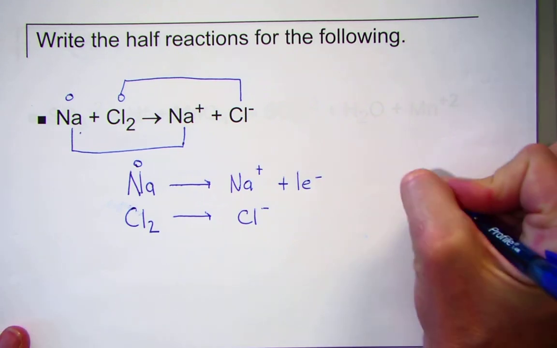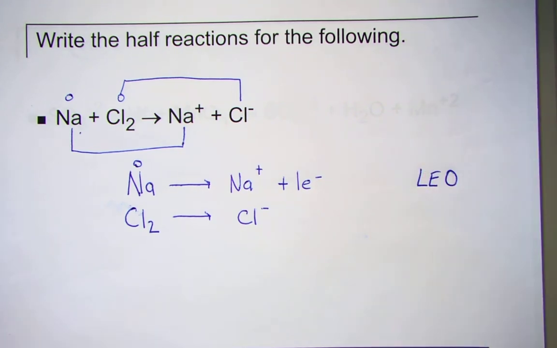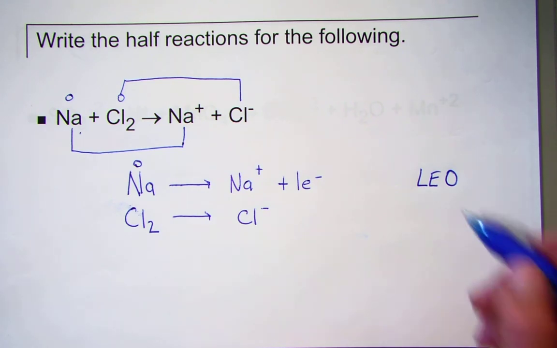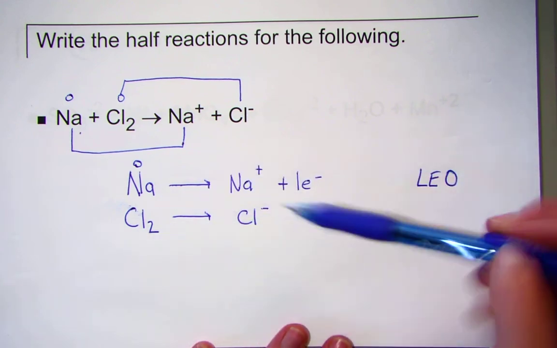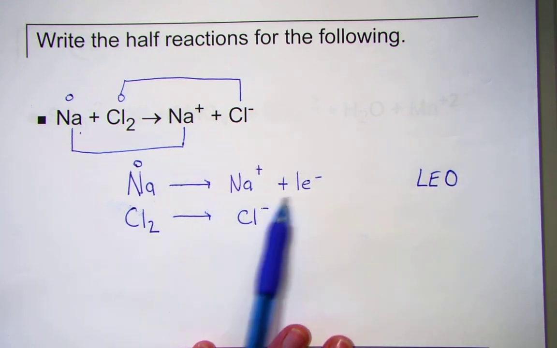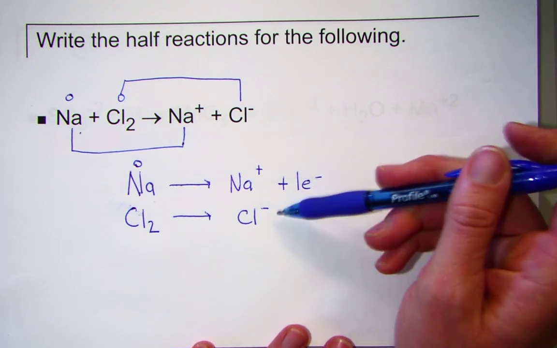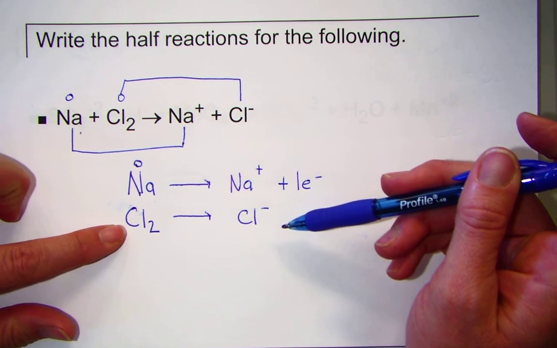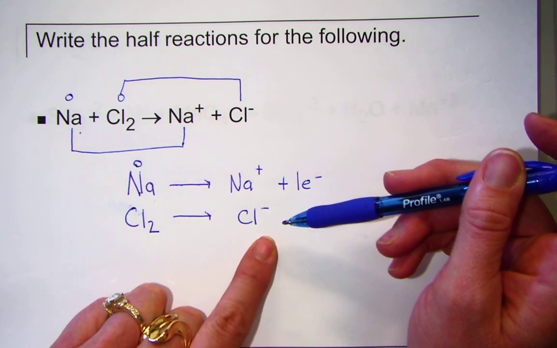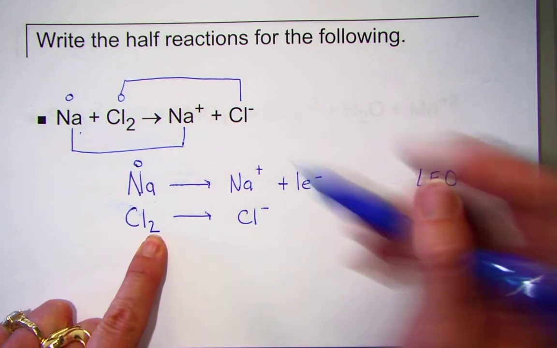And losing an electron is going to form what's called an oxidation half reaction. The loss of an electron is oxidation. So far, we've shown sodium atom losing 1 electron, forming its +1 ion. There's the LEO.